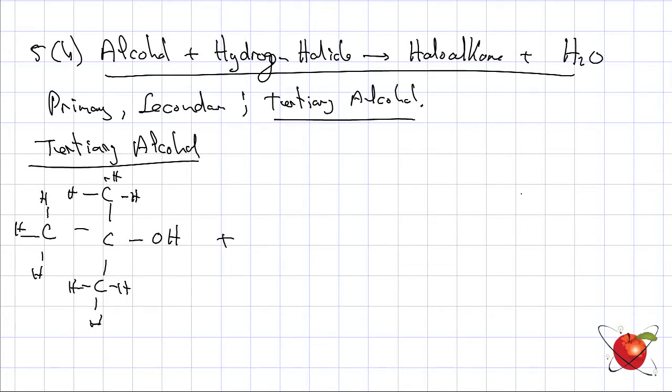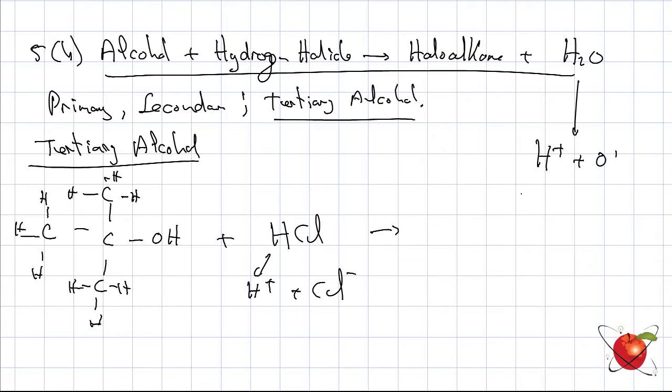Now I'm going to add a hydrogen halide. I used HCl. First of all, this is an acid. It's going to ionize in the water, isn't it? Or into the alcohol over here. What am I going to end up with? Well, a haloalkane and water. First of all, we know that if we want to form water, we have to find an OH and an H, don't we?